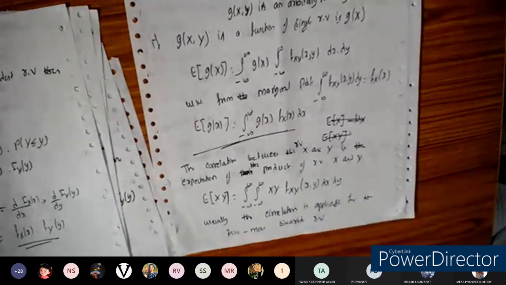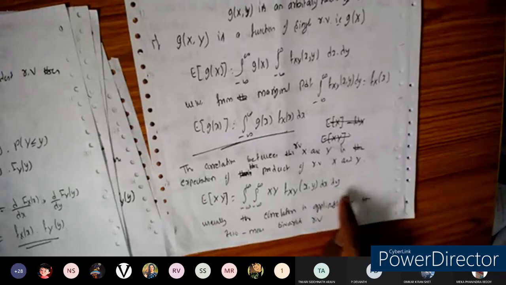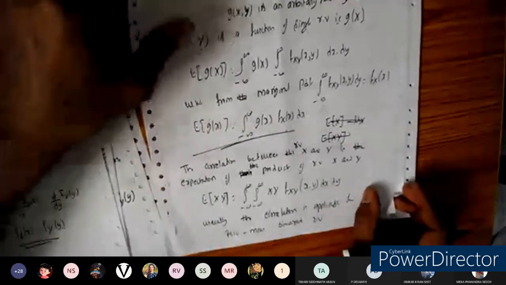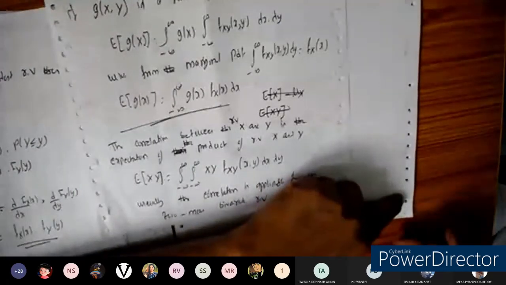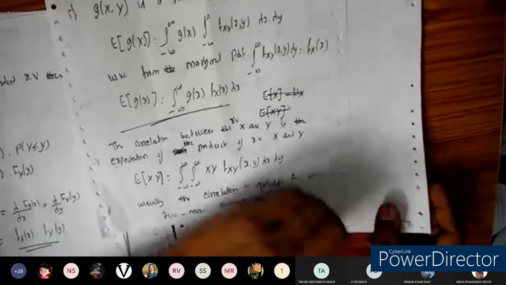This is for the continuous bivariate random variable. Similarly, it is applicable for discrete random variables also, where we take the average, so similarly for the discrete random variable.